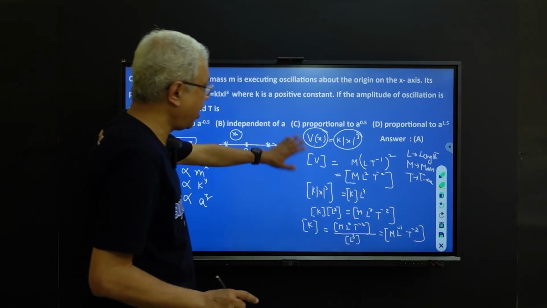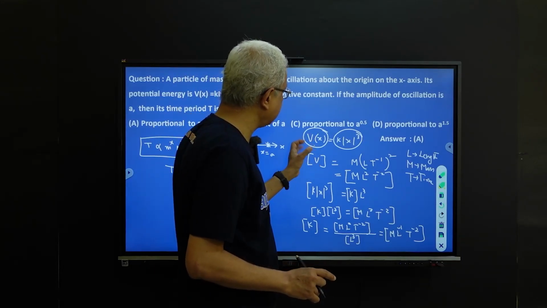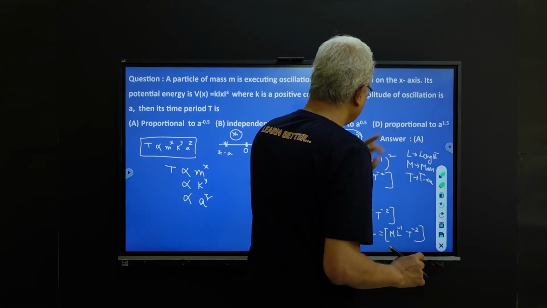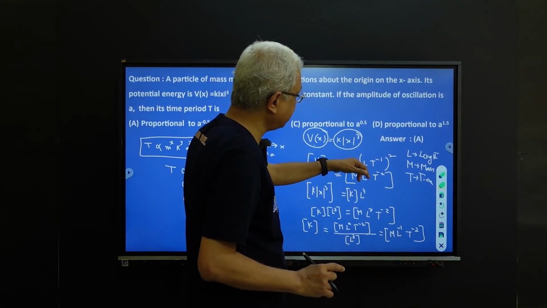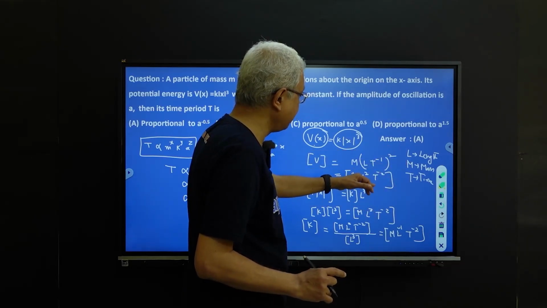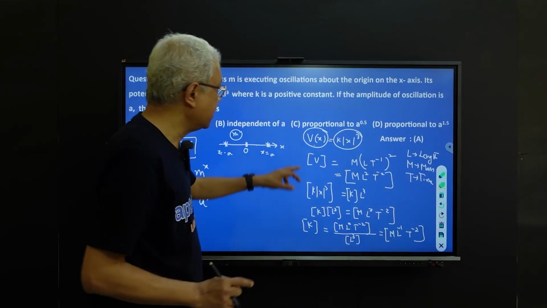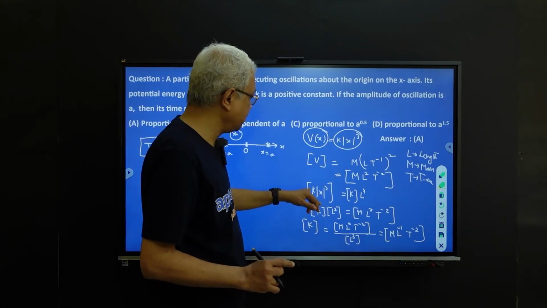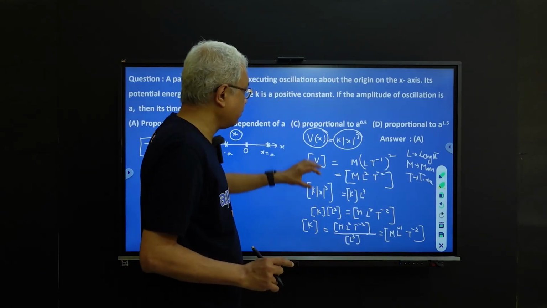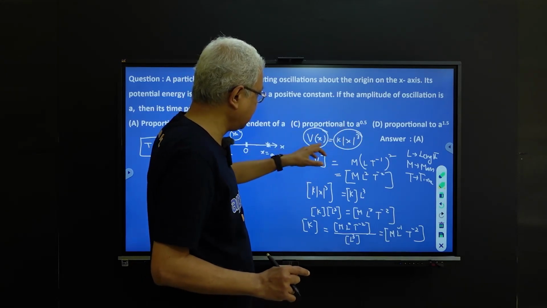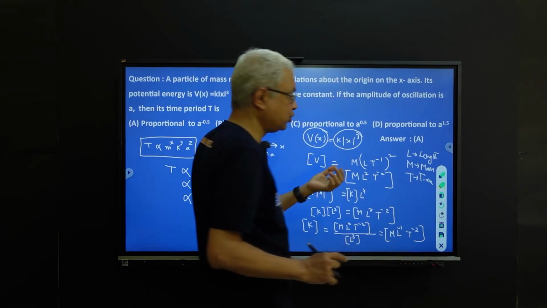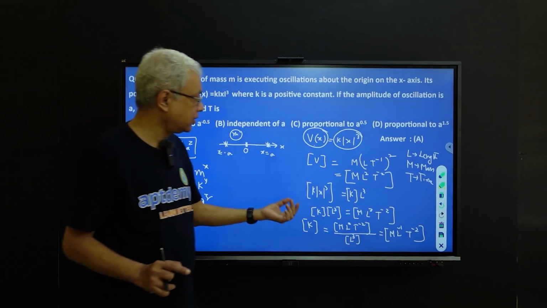Is it okay? So how does it come? V(x) is the potential energy. Energy's dimension is mass into velocity square. Mass dimension is M and velocity is length by time, whole square. So M L square T to the power minus 2. Now k x cube's dimension is the dimension of k multiplied by length cube. Therefore, both dimensions are equal for this equation. The dimension of the left hand side quantity should be equal to the dimension of the right hand side quantity.